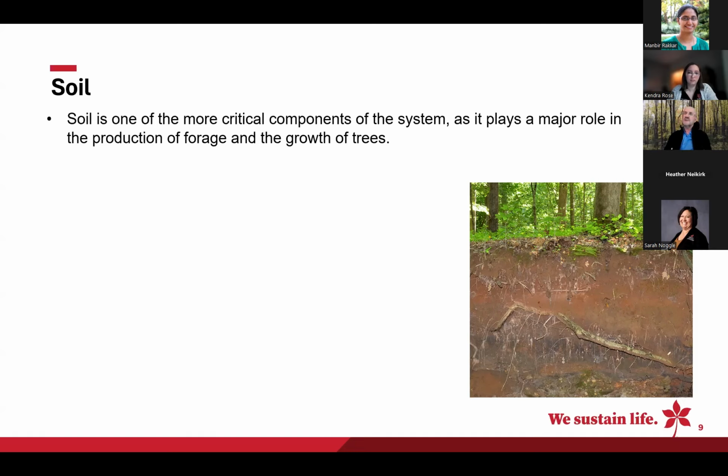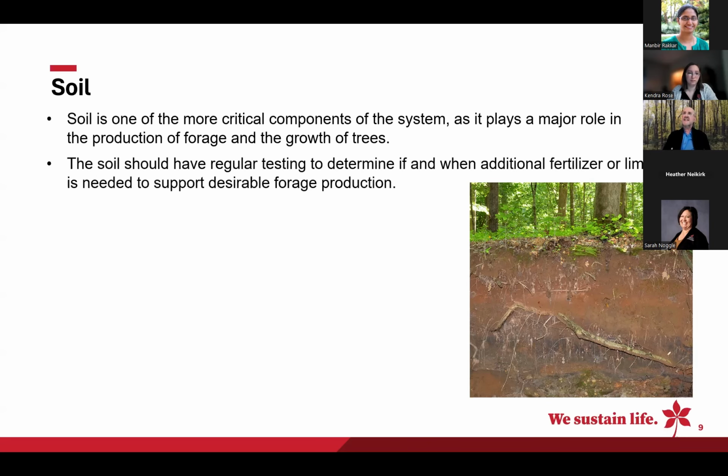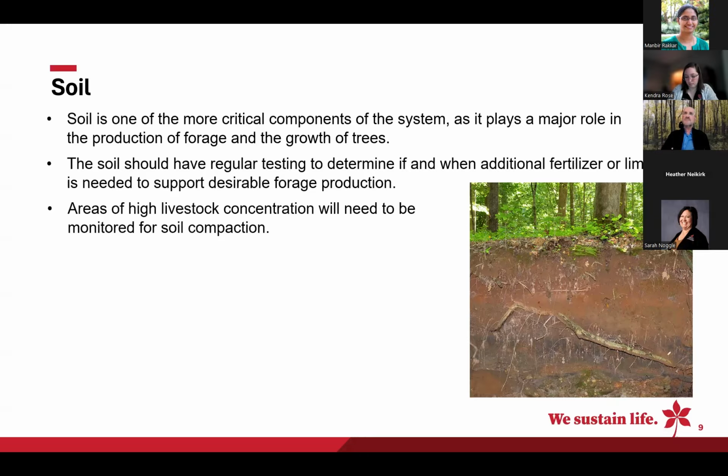So you have to pay attention to that, because obviously you want good performance out of the seedlings that you plant. And your soil should have regular testing to determine if and when any additional fertilizer or lime is needed to support the desirable forage production out there. And that certainly is also important for tree production.